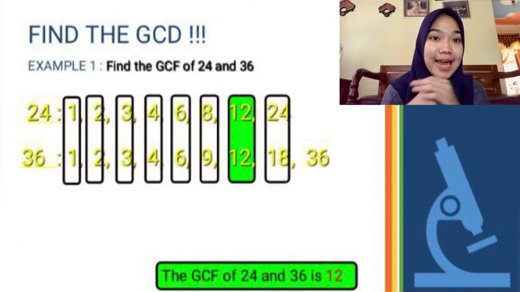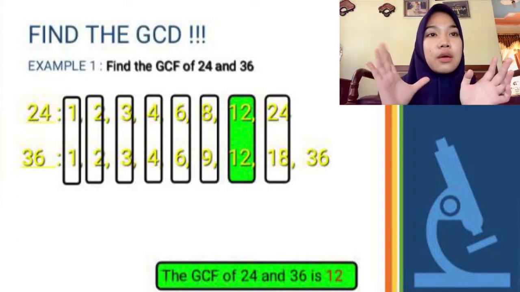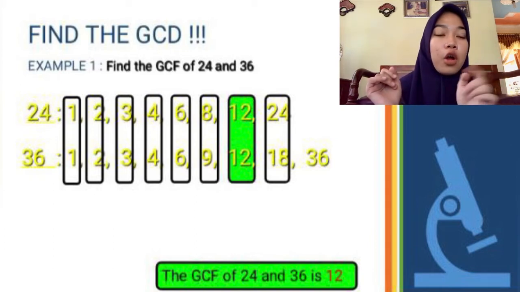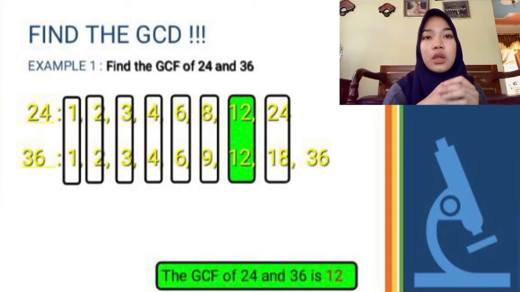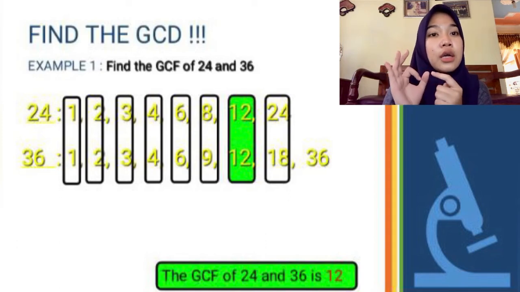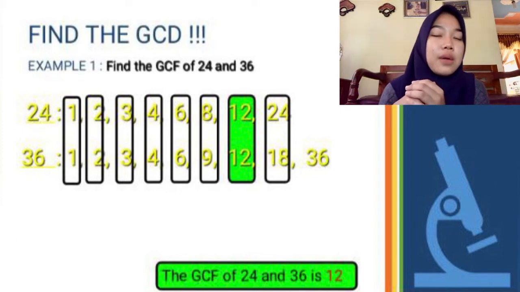Okay student, next we can try to find the greatest common divisor or greatest common factor of 24 and 36. From 24, we know that the factors are 1, 2, 3, 4, 6, 8, 12, and 24. Why?